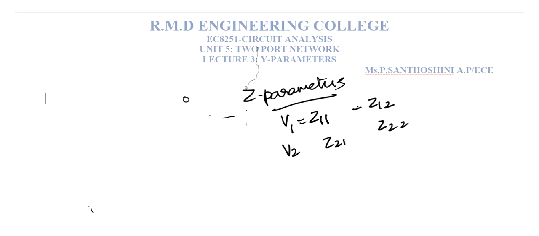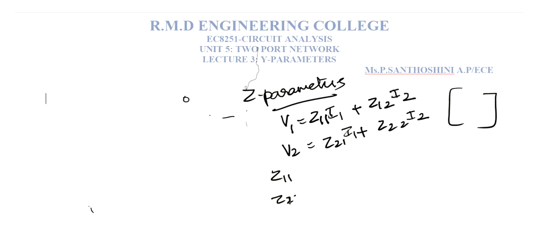Except ABCD and A dash B dash parameters, which have a minus sign, all the others have the positive sign. Z11 is followed by I1 and Z12 by I2, and we can also write this in matrix format. Then we have four names for this equation. Can you remember? Z11, Z12, Z21 and Z22.